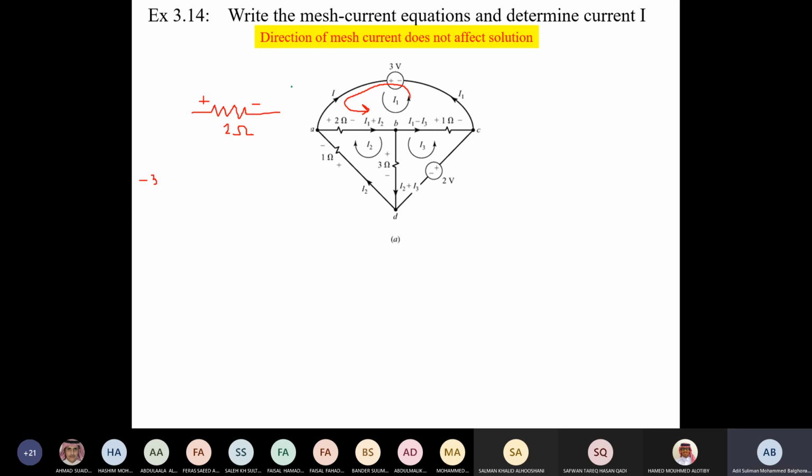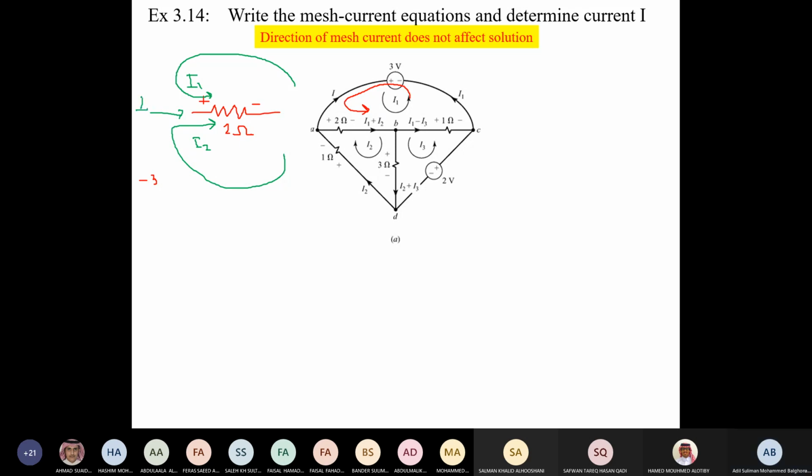With this current, which is I1. Okay. But you also have I2 coming like this. This is I2. That means the current that is entering in this direction is going to be what?